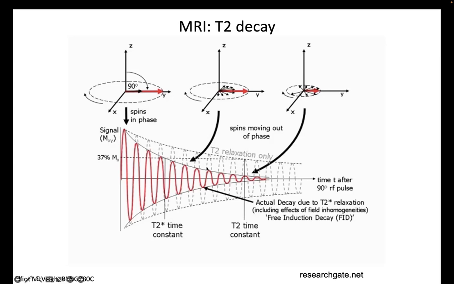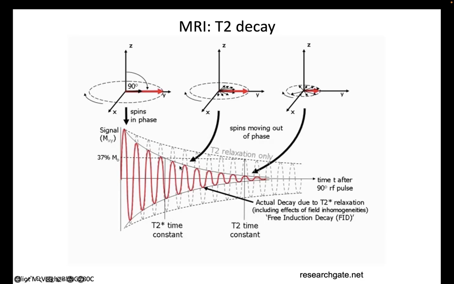And so we can measure signal for as long as this signal is available. And the T2 time constant is kind of the fundamental limit to that. This gray curve underneath here shows the fundamental T2 decay of this substance.